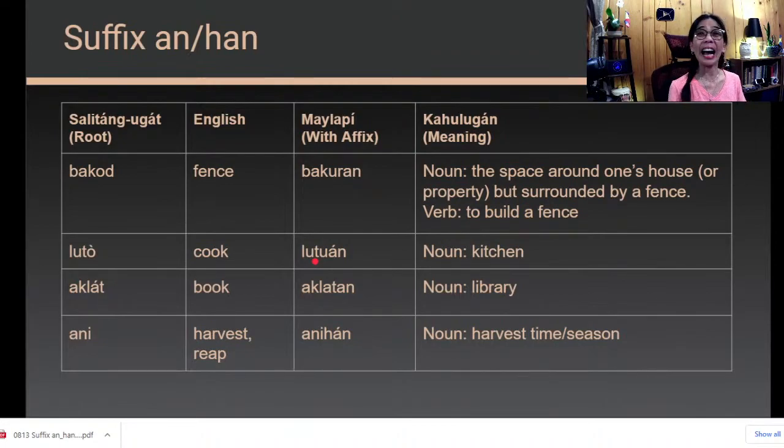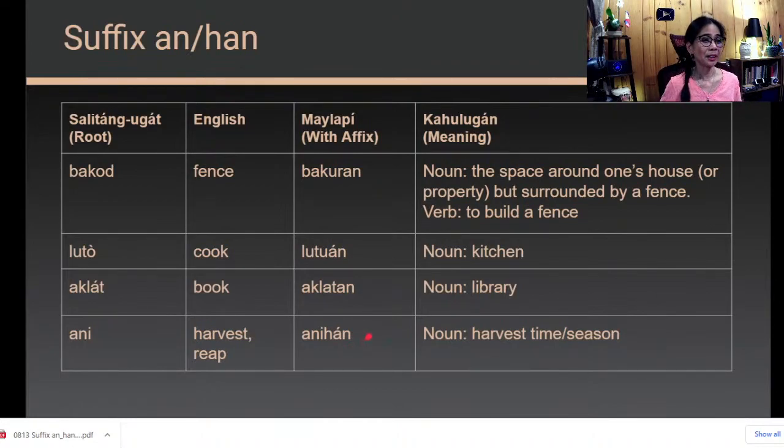And also ani. Ani means harvest or gather your fruits. So anihan, anihan. Take note of the sound. Sometimes my stress is in the second syllable, sometimes it's in the last syllable. I believe that Kelly knows how to identify stress already and how to use stress marks. Anihan, mabilis, fast.